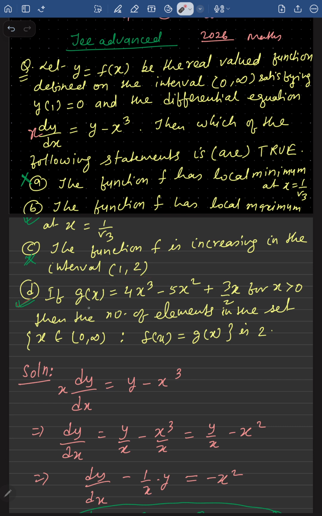D is if g(x) is another function, 4x^3 minus 5x^2 plus 3 by 2 into x for x greater than 0, again the interval 0 to infinity, then the number of elements in the set in which x belongs to the interval 0 to infinity and f(x) and g(x) are the same, this set will contain only 2 elements, meaning x has only 2 values.